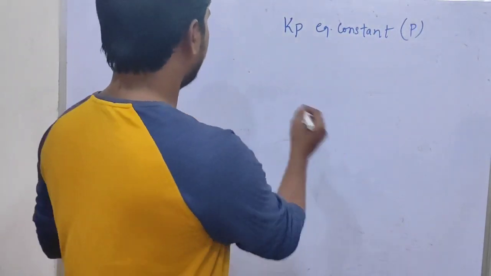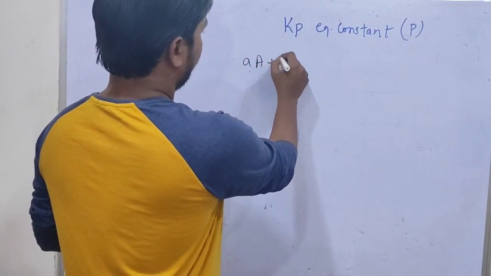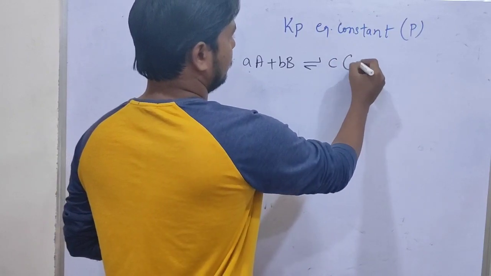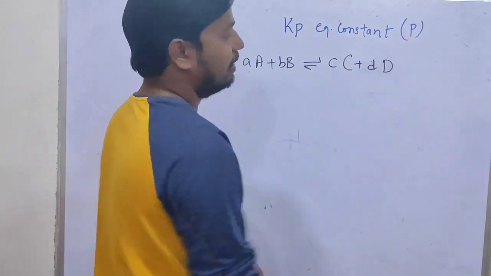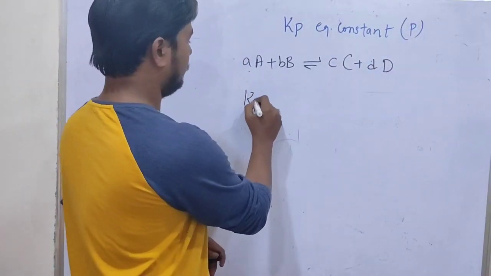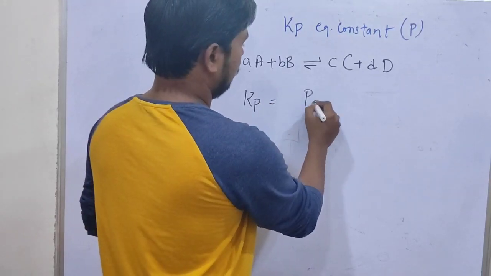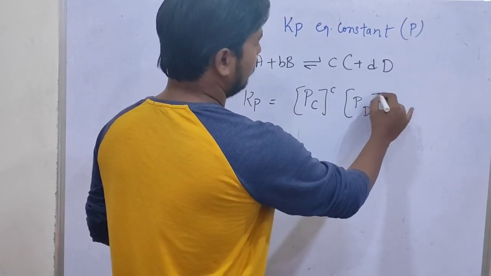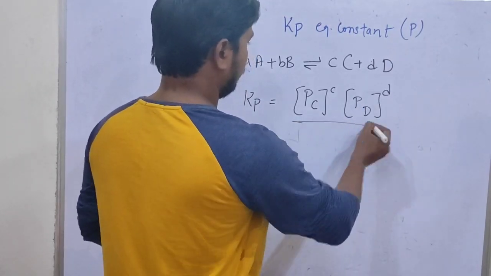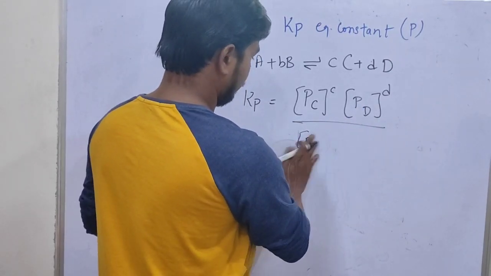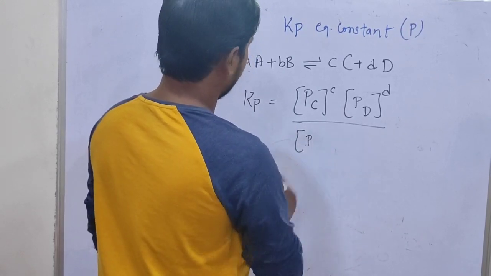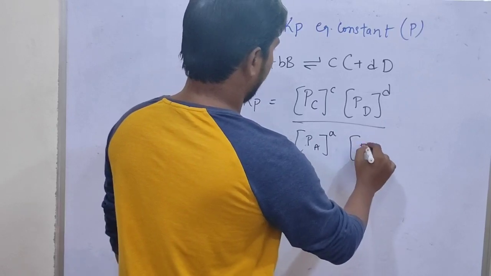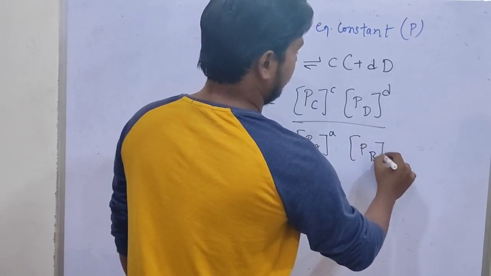Let's see an elementary reaction: aA plus bB is in equilibrium with cC plus dD. How to write Kp? Kp is equal to the pressure of C whole power small c, pressure of D whole power small d, divided by partial pressure of A and its stoichiometry, partial pressure of B and its stoichiometry.